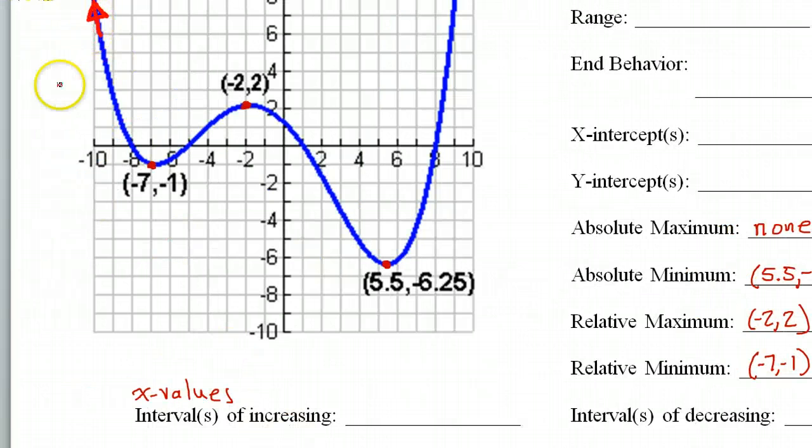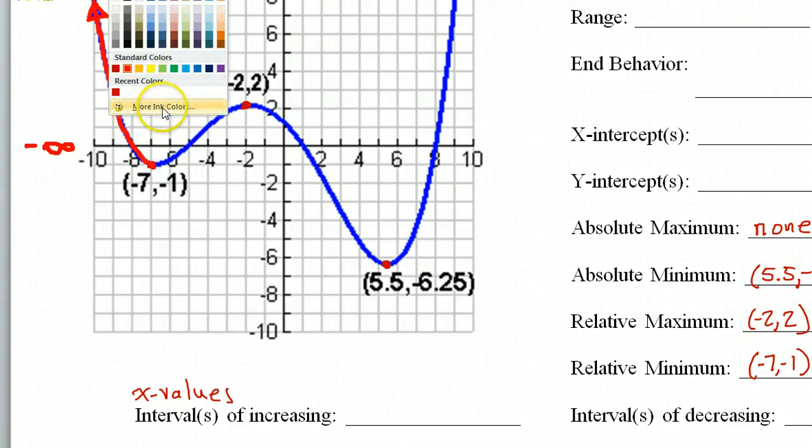Ignore the fact that it's pointing upward. We're only talking about x value, so up, down, that's irrelevant. The fact is we're starting here from the extreme left. That's -infinity. So starting from -infinity, we're going downhill, downhill, downhill, downhill until we get to this point.